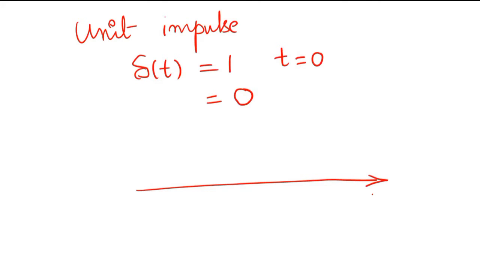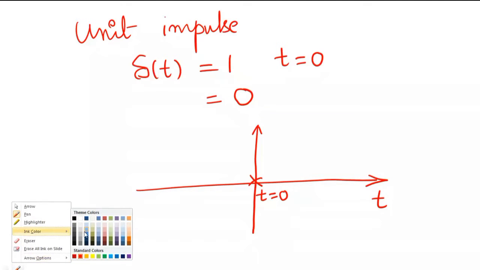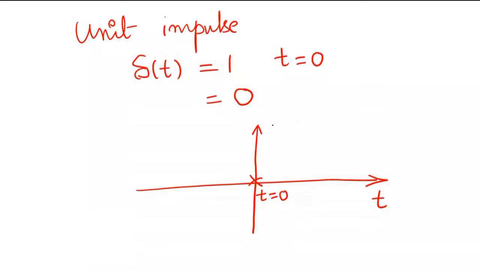On the x-axis we take time, and on the y-axis we take the magnitude. This is the reference point, what we call the origin, that is, t equal to 0. At this point, delta t will have the magnitude of 1. To help understanding, I am representing this with another colored symbol.